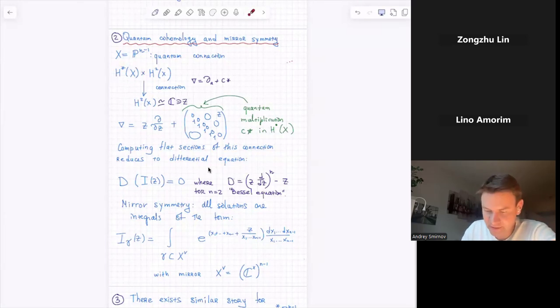And explicitly, this connection is given by this formula. So it's a differential plus a connection matrix. And the connection matrix is given by quantum multiplication by an element in the second cohomology, so by the hyperplane class. So very, very explicitly, this quantum connection in this particular case looks like this.